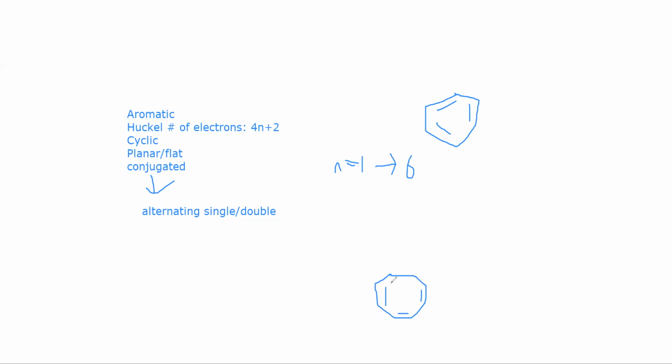Basically the pi electron on the left here is not connected with the one on the right, so it's not completely conjugated. There has to be something up here to complete the loop. And it's also probably not planar, but because it's not conjugated, this wouldn't be aromatic. This would be called non-aromatic.